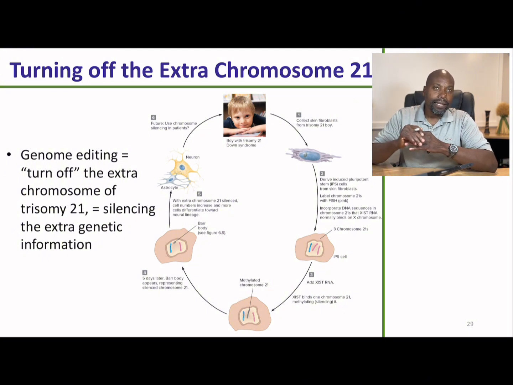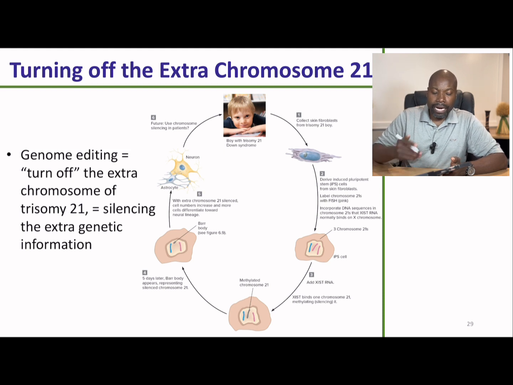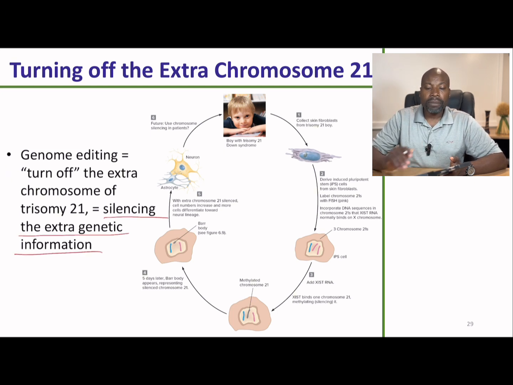Knowing that, the question comes, okay, in someone with trisomy, is it possible to turn one of the chromosome 21s into a bar body? Well, guess what? There is a possibility for that now, right? So basically, it is possible to silence the extra genetic information in some individuals with trisomy 21.